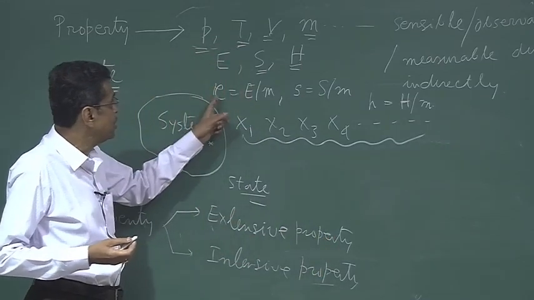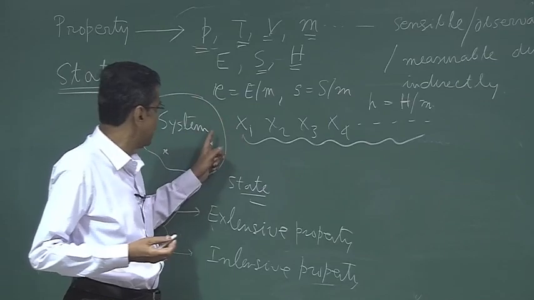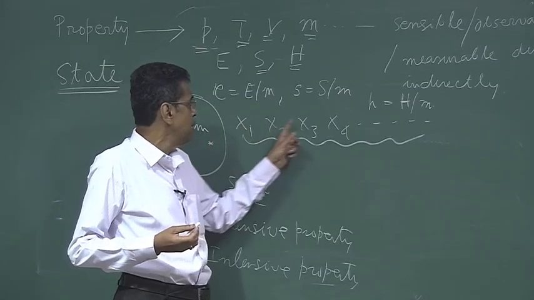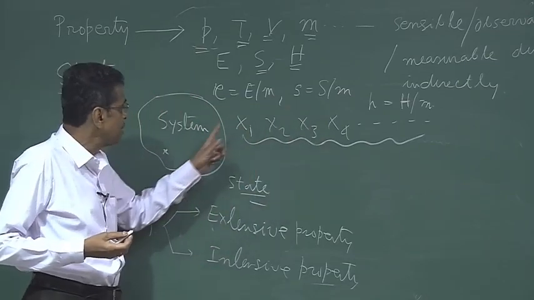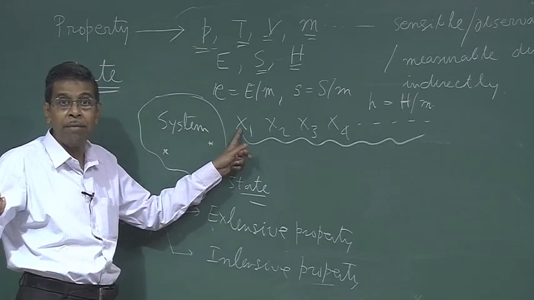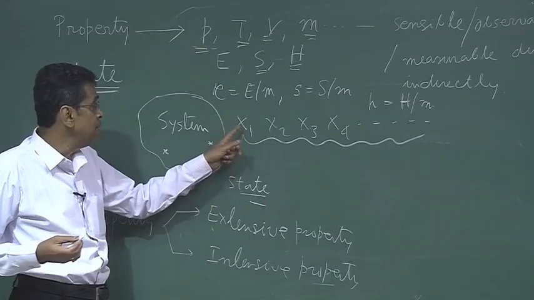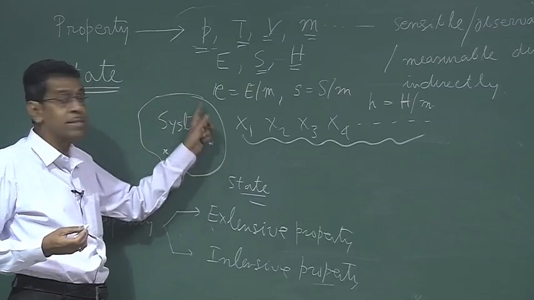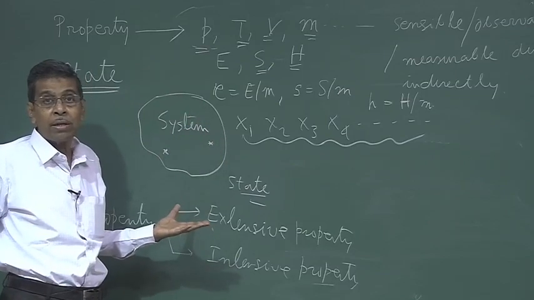Now here, when we say the state of a system will be defined by fixed values of its properties, fixed values means invariant with time, and at the same time this should be the same for the whole system. Otherwise, in what way will we specify it?